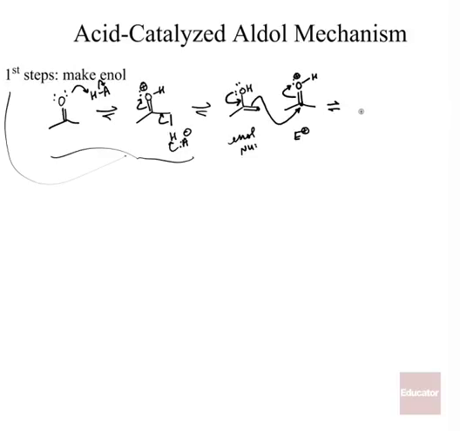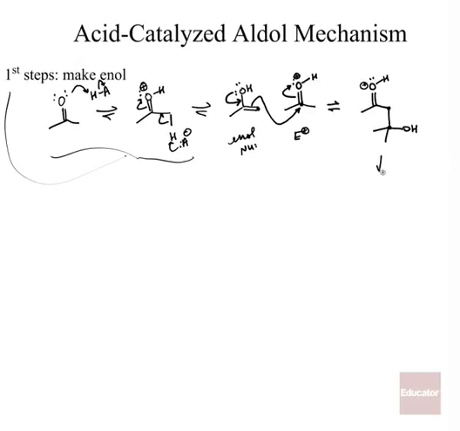Let's redraw the enol. Now it has a carbonyl, and still has the proton up here. And we just formed the new bond between the alpha carbon of one and the carbonyl carbon of the other. And what does this carbon have on it? It still has the two methyl groups, and it has a single bond OH. And what do we have to do to finish this up?